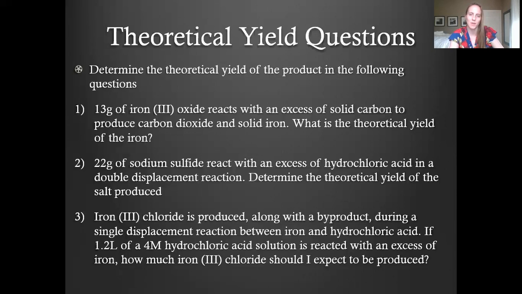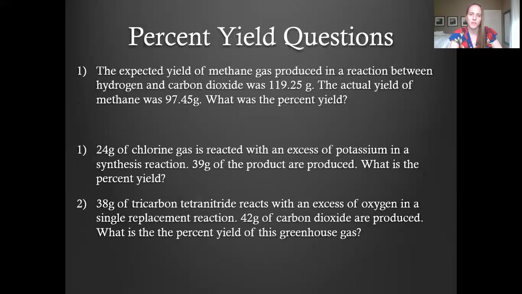But as far as percent yield questions go, you'll never just be asked for the theoretical yield. You'll always be asked to take the next step and find the percent yield. So we'll just go through these problems. We'll work through the first one together, and then you guys can try the next two on your own.